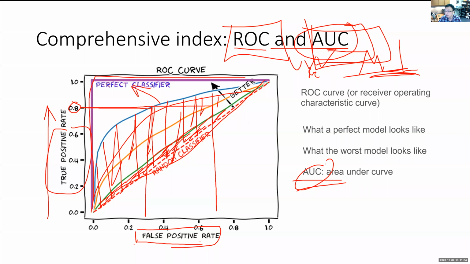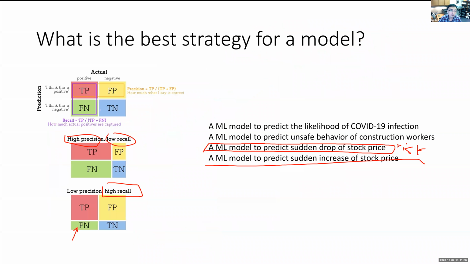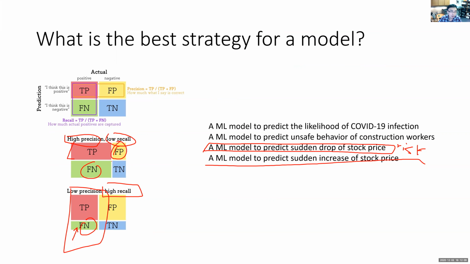We call this AUC. Okay, and they also figured out that for different purposes, we desire a smaller false negative or a smaller false positive. It means that the recall rate is bigger or the precision is bigger. So depending on the desired purpose, I could be pursuing a high recall rate model or a high precision model.